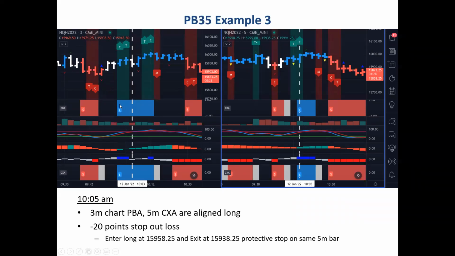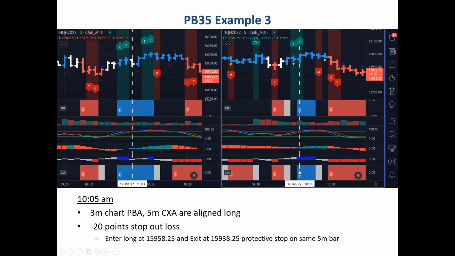So once the 3-minute is already in place and you're looking for a PB35 trade, you're waiting for the 5-minute to present itself. And at 10:05, 2 minutes after we had our 10:03 bar print, and actually that was the third bar printing, we are just waiting for the 5-minute CXA to catch up, and that happened at 10:05.